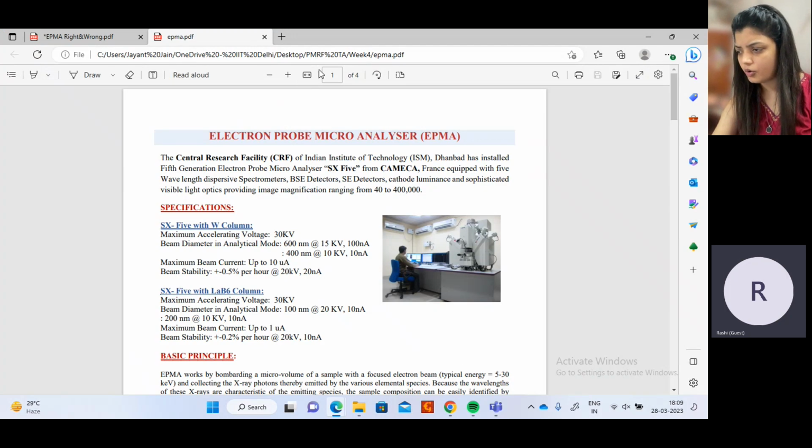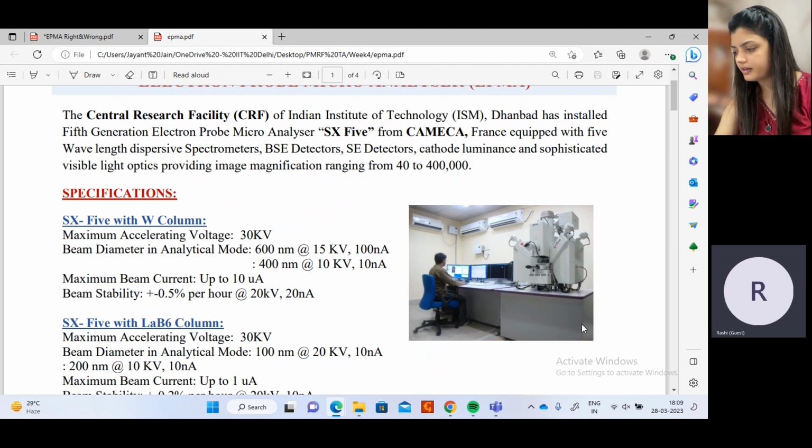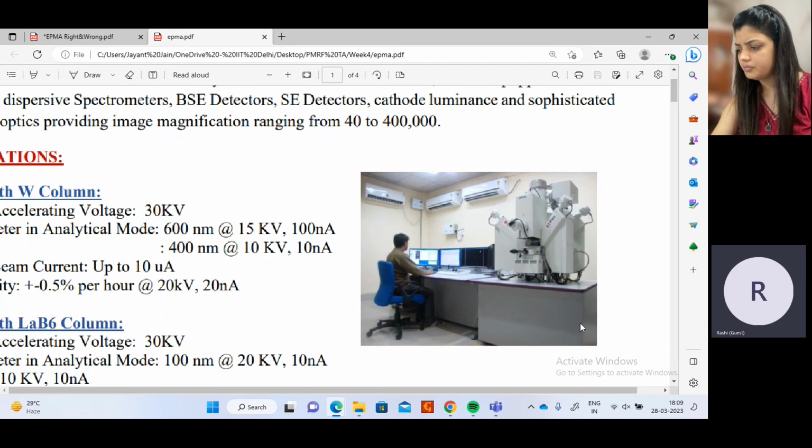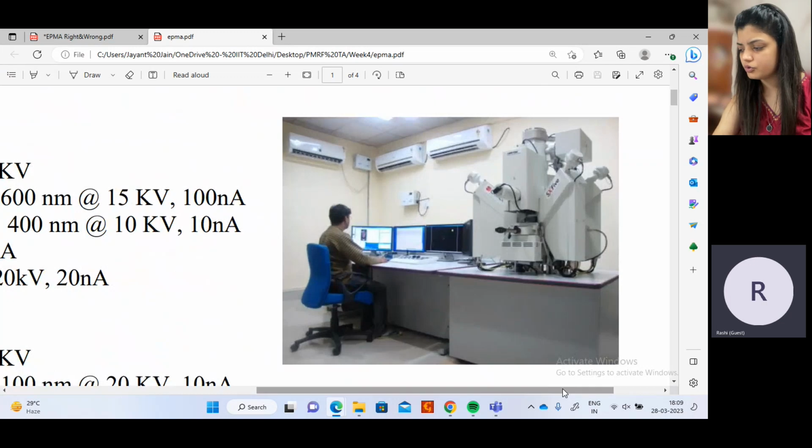First, I'll discuss how the EPMA looks. This is the EPMA that we are using in our lab as well. This is from ISM Dhanbad, but we have the same EPMA. So I thought I'll first show you this.